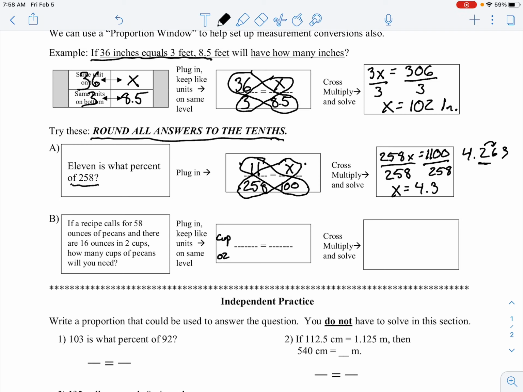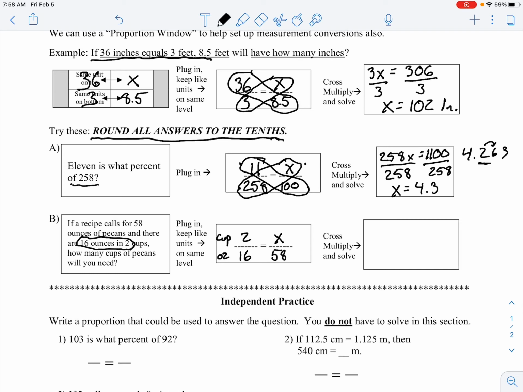So let's take what we know here. These are going to be equal to each other, 16 ounces and 2 cups. So we'll go 2 cups is the same as 16 ounces. And then we want to know how many cups, so we use a variable, are there in 58 ounces.